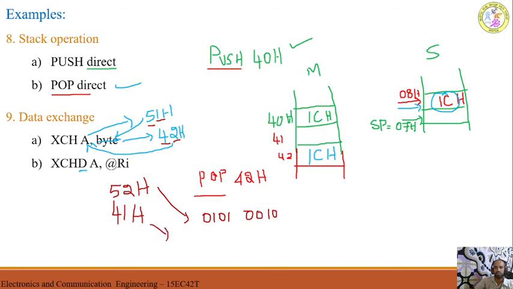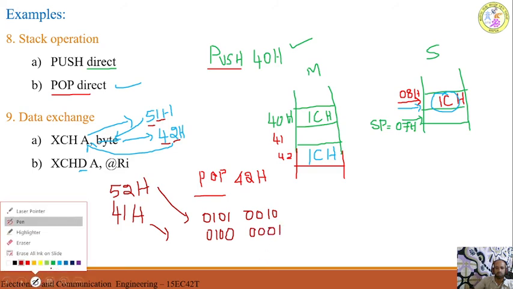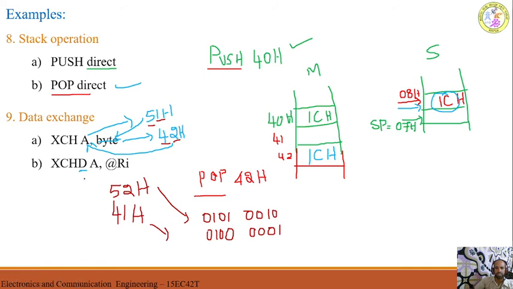Similarly, how to write 41? 4 is nothing but 0100 and 1 is 0001. This is 4. Now once you execute this XCHD, only these two will be exchanged. So this data will come and occupy this place and this data will go and occupy this place.